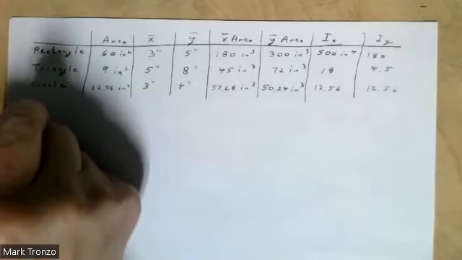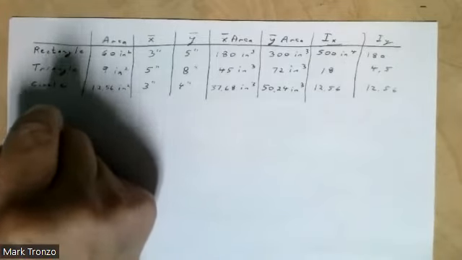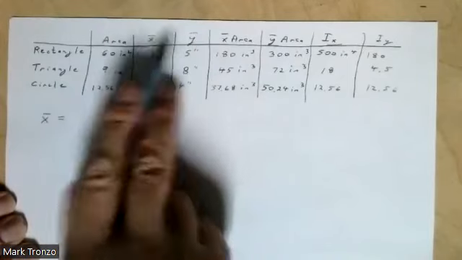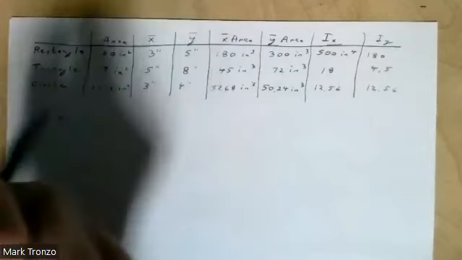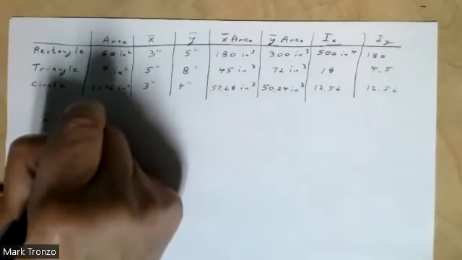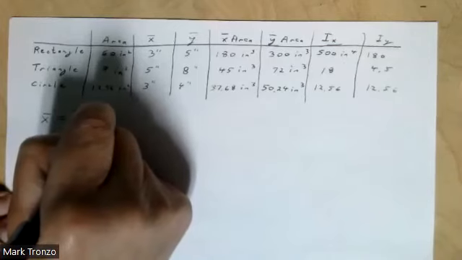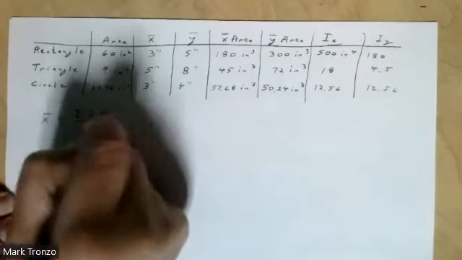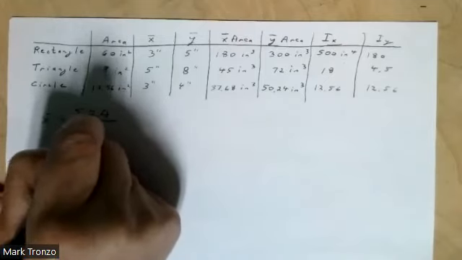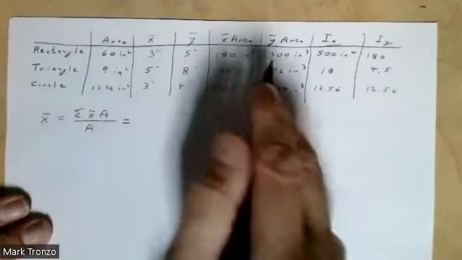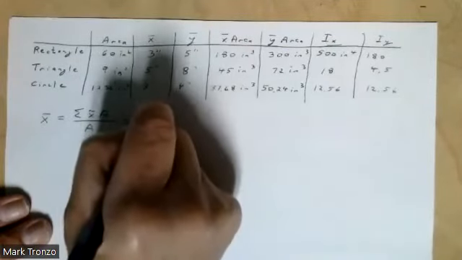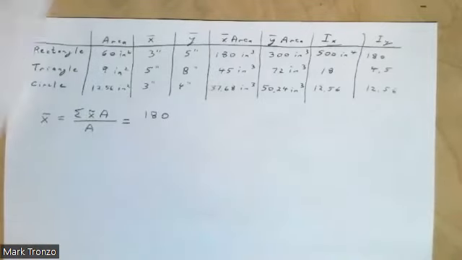Now remember the centroid. The X bar is going to simply be these small X bars, sometimes they'll put a wiggly line above this, but I'll write that just to distinguish it from the overall X bar times the area. So sum the X bars times the area divided by the area. Now we'll do the rectangle, which was 180. But for the triangle, we're actually subtracting it out, and for the circle, we're subtracting that out.